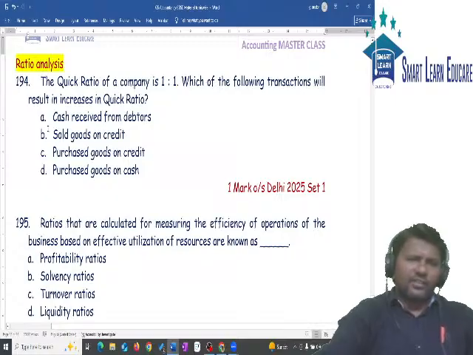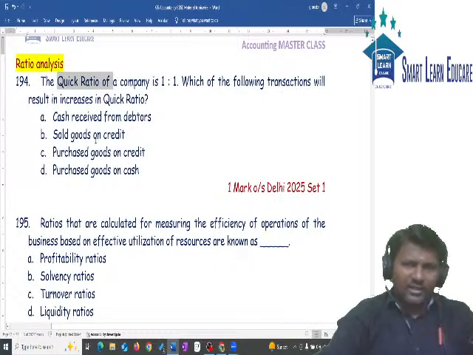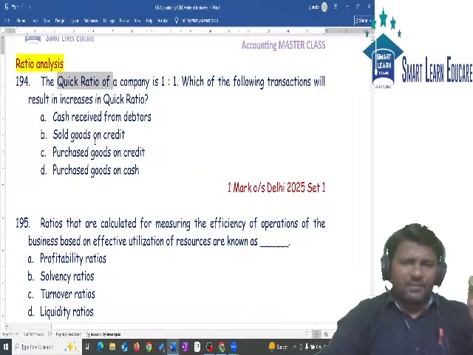Okay, first one, the quick ratio. Whenever we discuss a question, in that question we will be having some ratios. That ratio I will tell, and whatever formulas we are using, I will tell, and we will apply in the numbers and get the answer. But for this topic alone, what we are discussing is not sufficient.